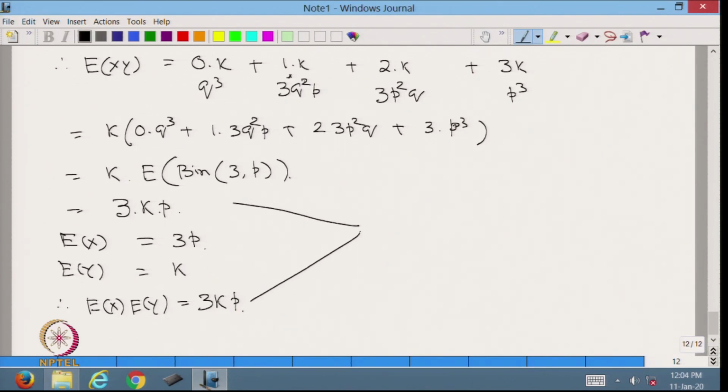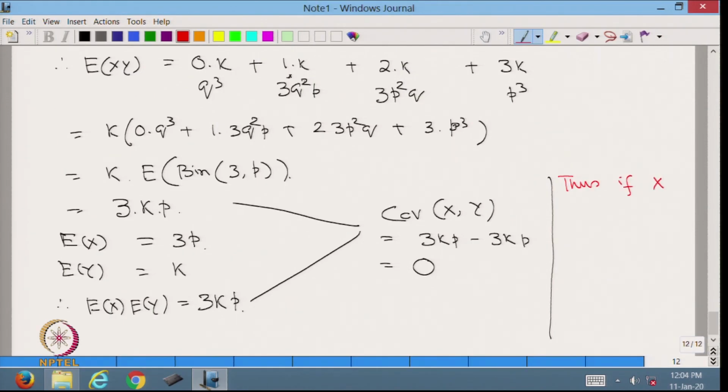So, from these two we can see that covariance of x y is equal to 3 k p minus 3 k p, which is equal to 0. Thus, if x and y are independent, covariance of x y is equal to 0.